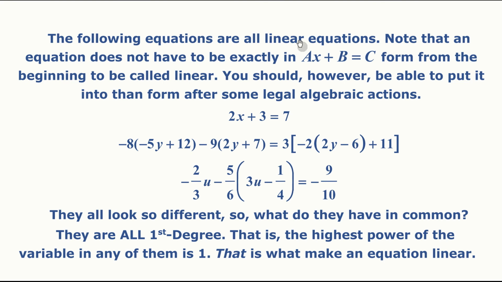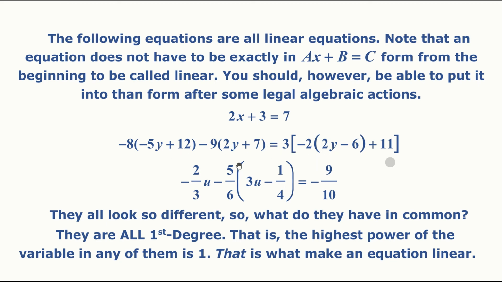The following equations are all linear equations. Note that an equation does not have to be exactly in the ax plus b equals c form from the beginning to be called linear. You should, however, be able to put it into that form after some legal algebraic actions. So this one is obviously a linear equation because it's exactly in the form that we wanted. Not so much for this one.